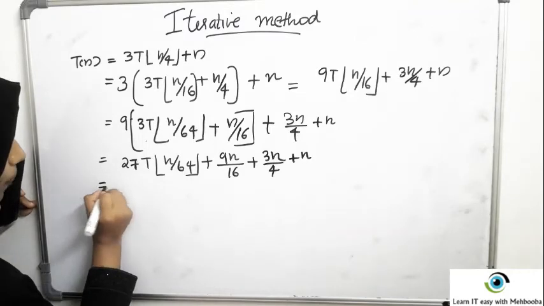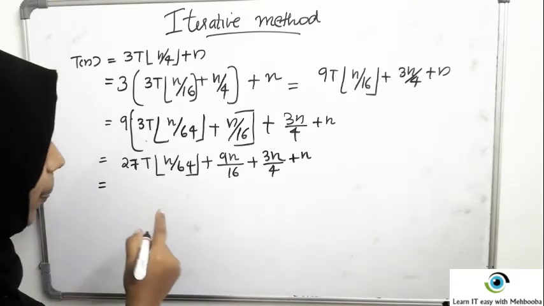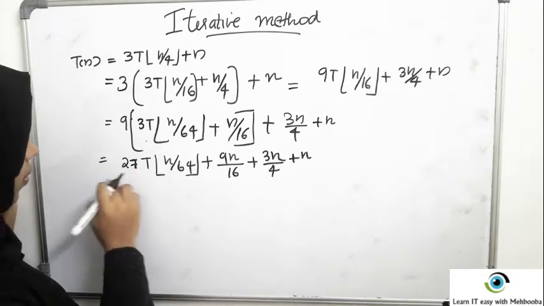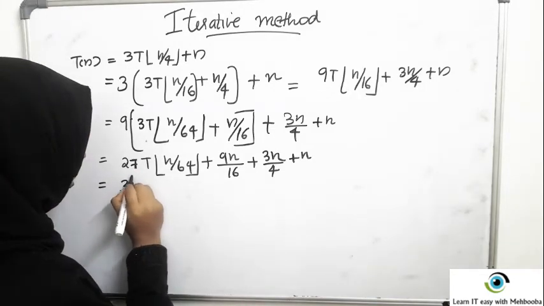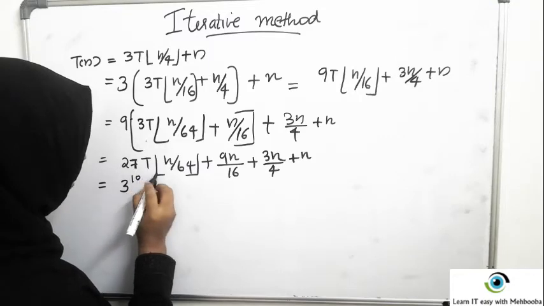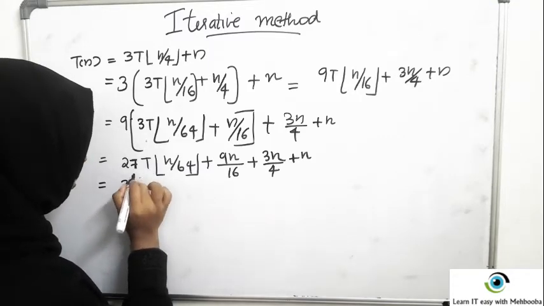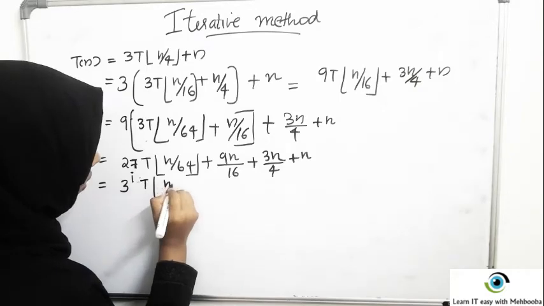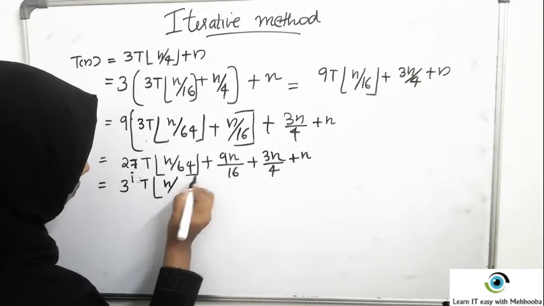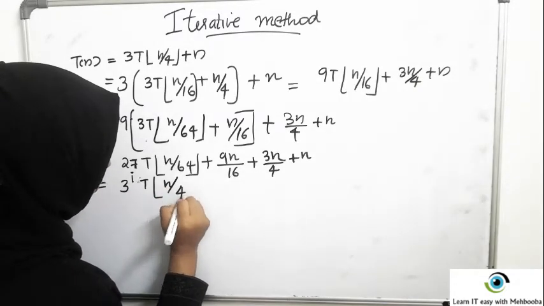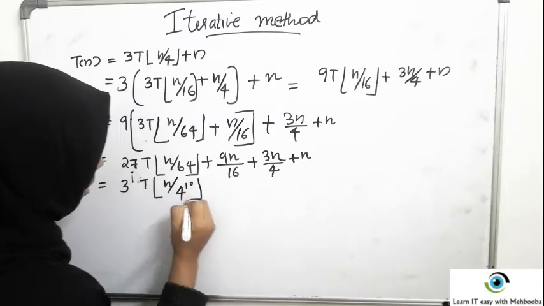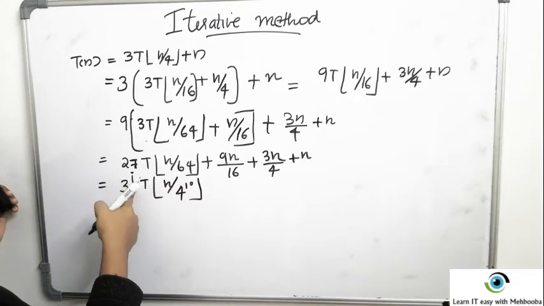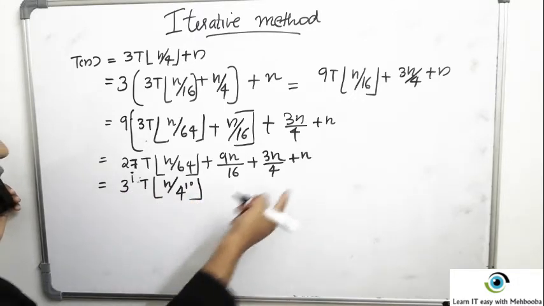So hope we can derive a pattern from this. 27 is the third power of 3, and 64 is the third power of 4. So 4 raised to i, here in this step i is equal to 3. So 3 raised to 3 is 27, 4 raised to 3 is 64.